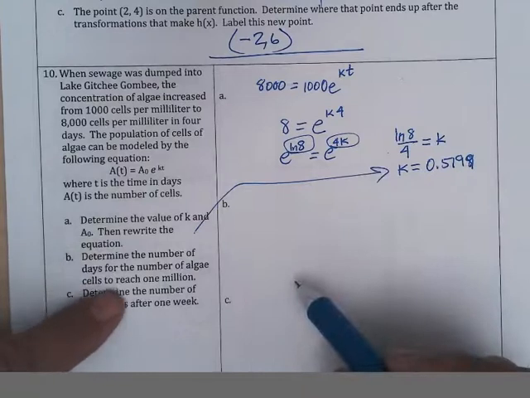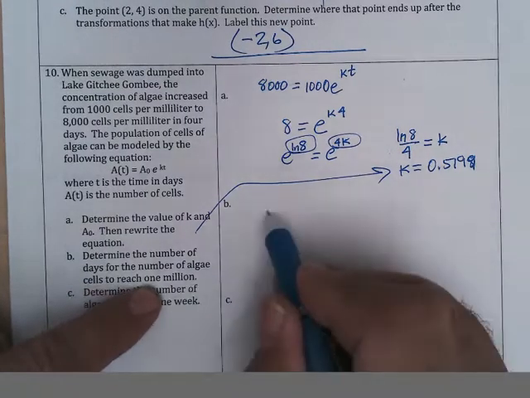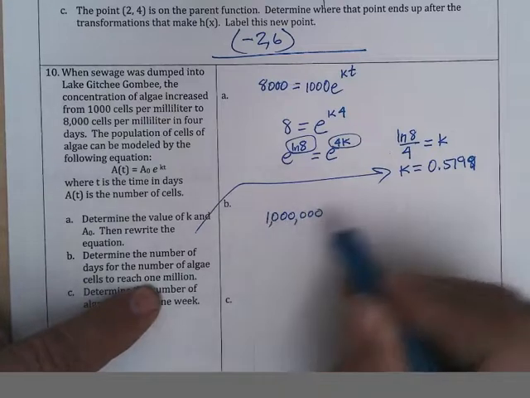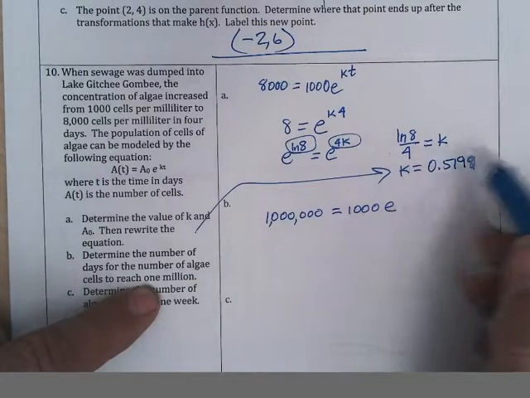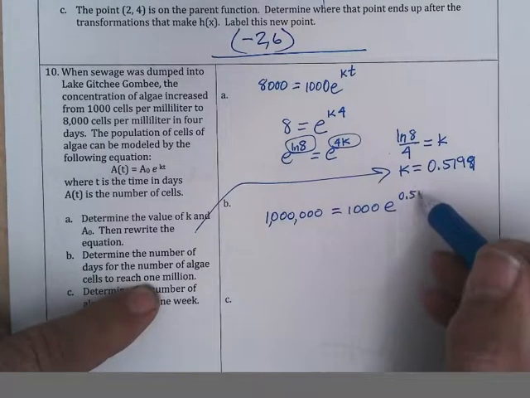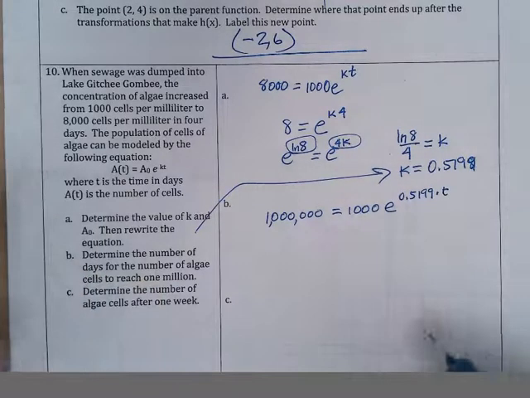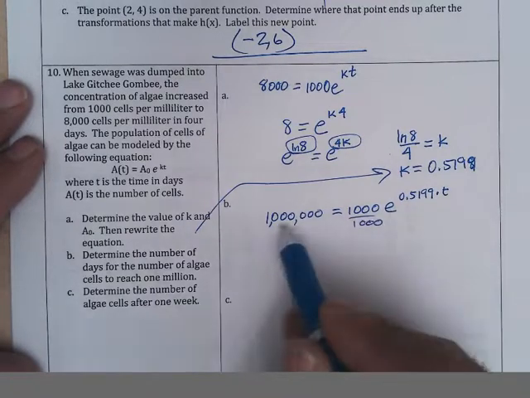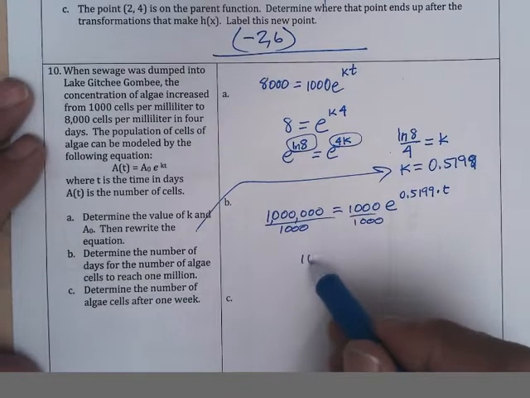Determine the number of days for the algae to reach 1 million. Starting with 1,000, and the k is staying the same, 0.5199 times the number of days. If we divide both sides by 1,000, a million divided by 1,000 is 1,000.